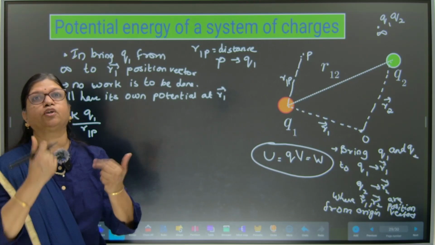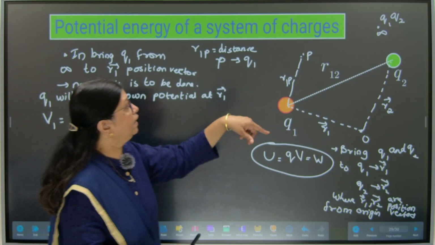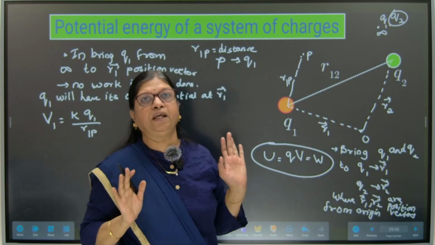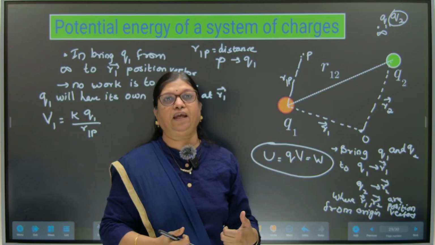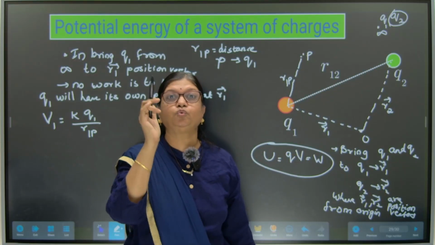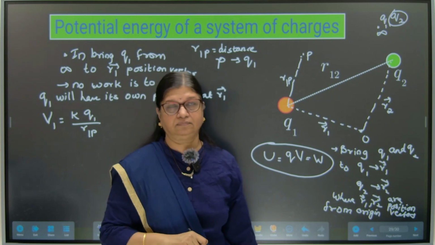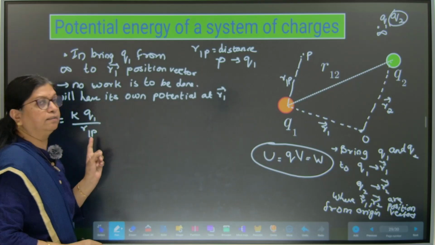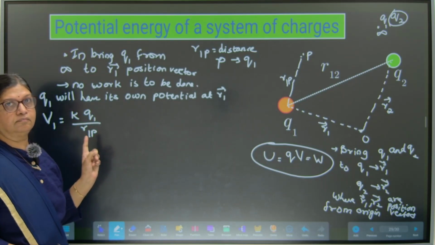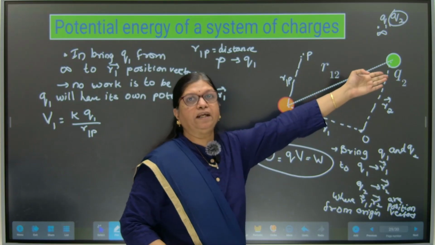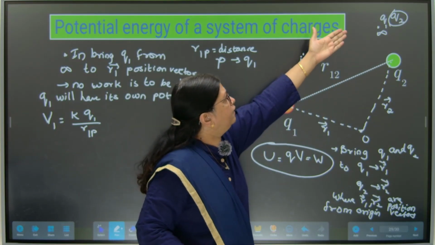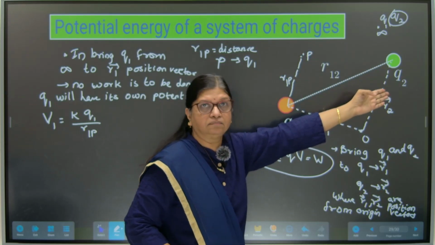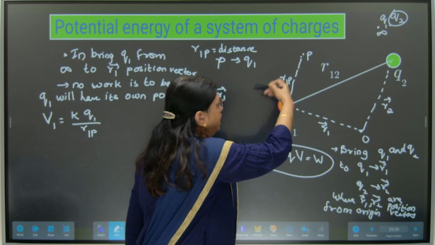Now I will bring Q2. Q1 has already come here. While lifting Q2, I will have to do work against the potential of Q1, from infinity to R2. I want to lift Q2 from infinity till here, but this potential is present here.